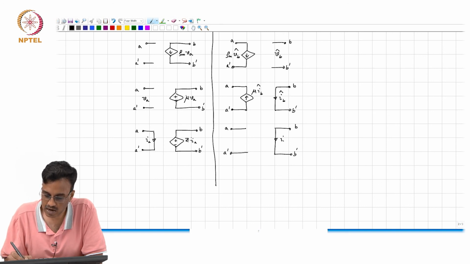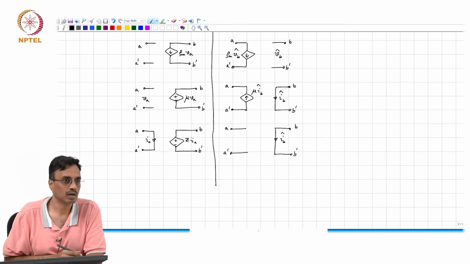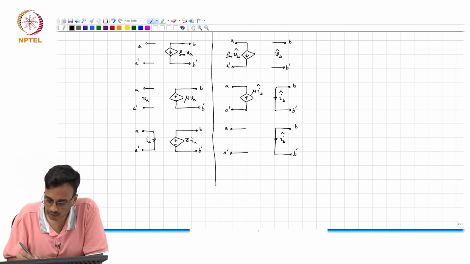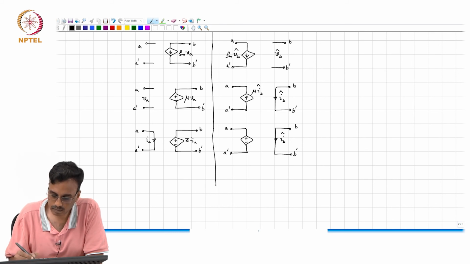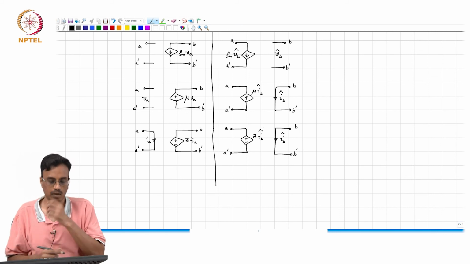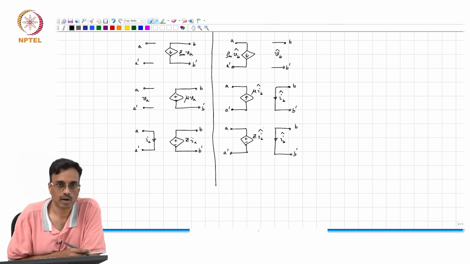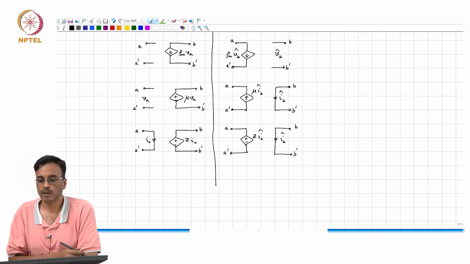So, this is IB hat, and what comment can we make about the controlled port? It must be a voltage source. This is Z times IB. All right. Okay.